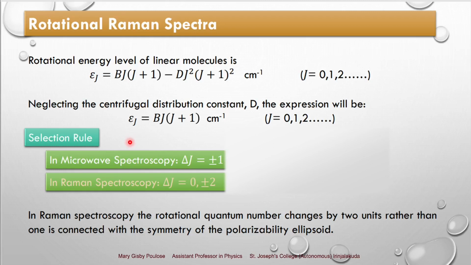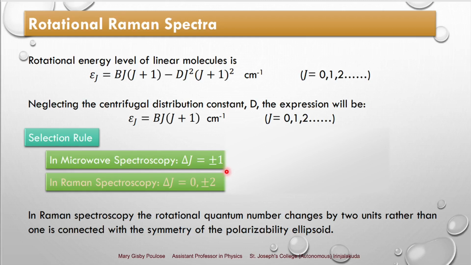Now this molecule, when it is excited, can obey only certain selection rules, which are given below. In microwave spectroscopy, the selection rule was that the change in the rotational quantum number can be only plus or minus 1. That is, delta J can be only plus or minus 1.